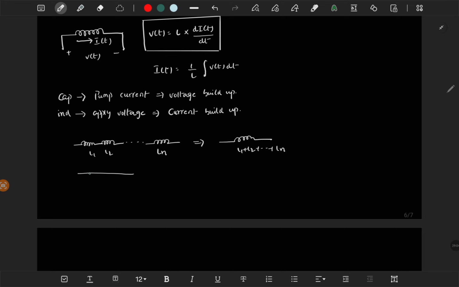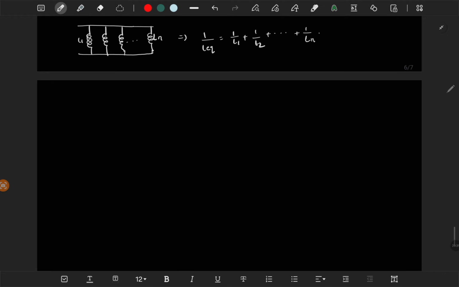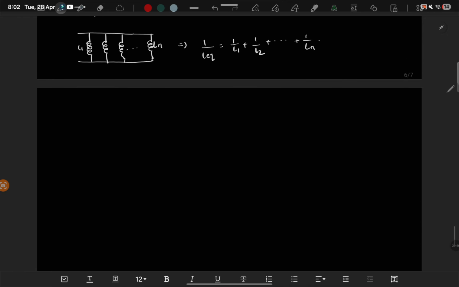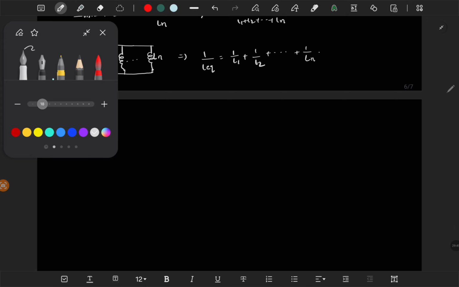And if you have n inductors in parallel, then it's similar to the resistance calculation. 1 by L equivalent is equal to 1 by L1 plus 1 by L2 plus and so on plus 1 by Ln. Then these are enough for the basics, and we can jump on to solving one RC circuit.